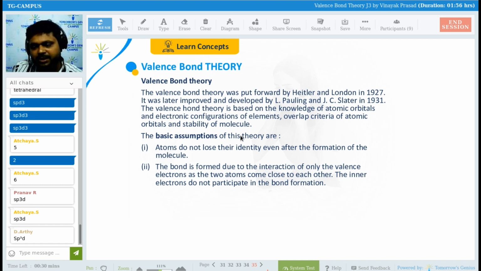So now the new theory has come, that is valence bond theory. And see, every theory has some limitations. When there are limitations in valence bond theory, a new theory was also developed then, that is known as MOT, molecular orbital theory. After this, you will learn about the molecular orbital theory.